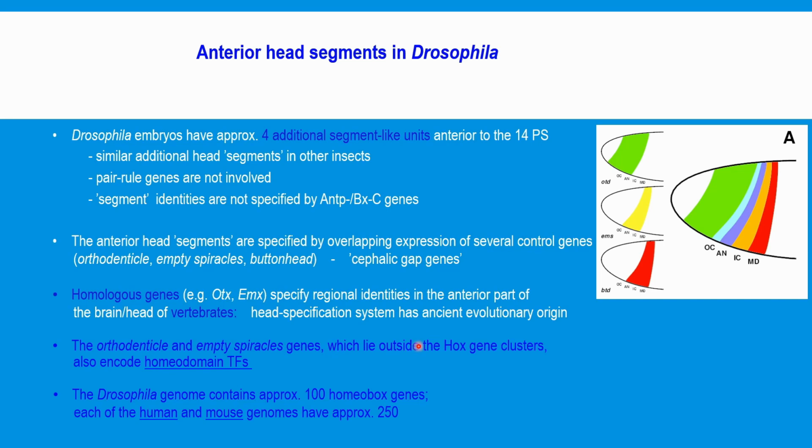And flies have about 100 homeobox genes, whereas mammals have about 250. And they're not part of a complex that is expressed in this collinearity fashion.